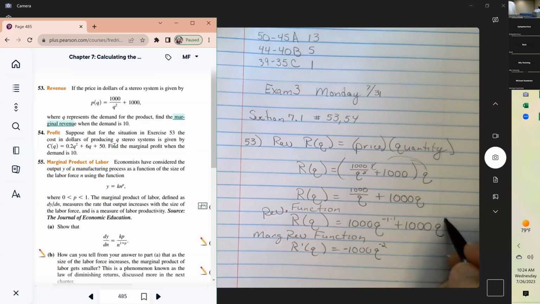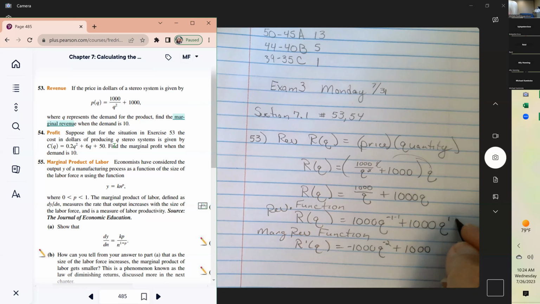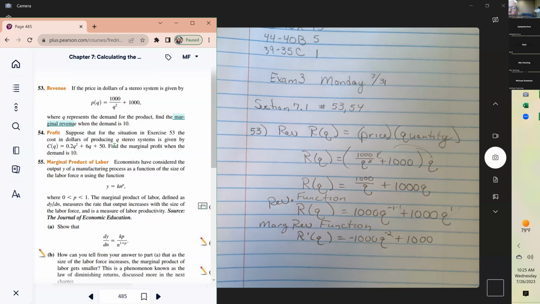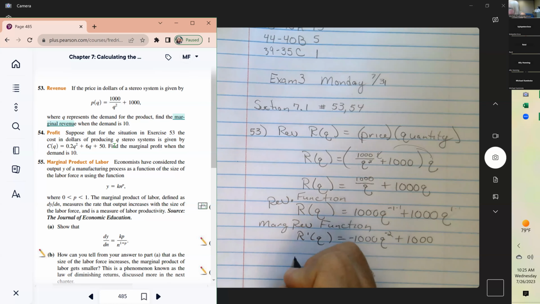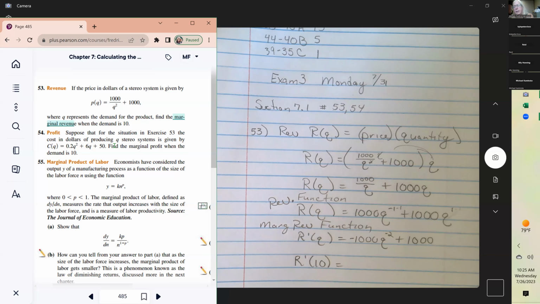This is a 1 times 1,000 is 1,000. Subtracting 1, we get Q to the 0, which drops off. So that would be your marginal revenue. Any questions on that? And we wanted it at 10.